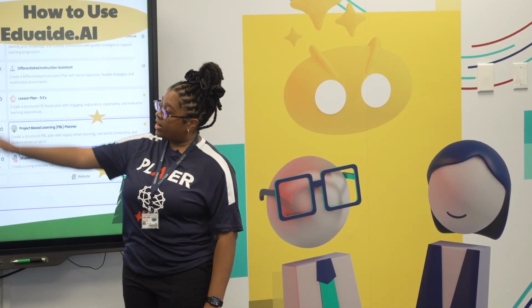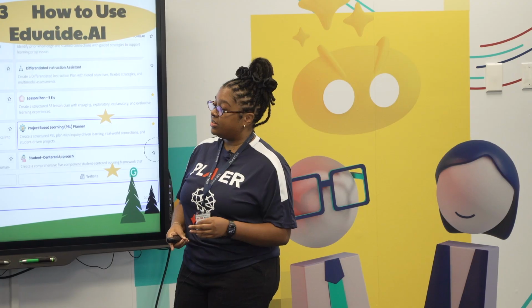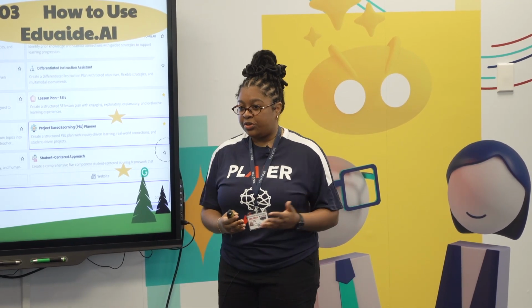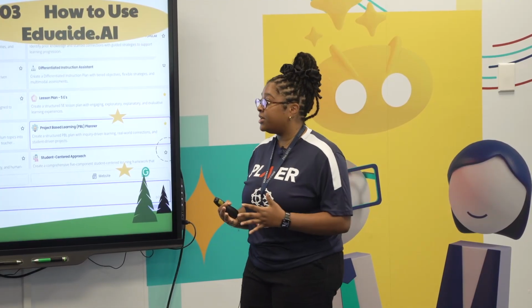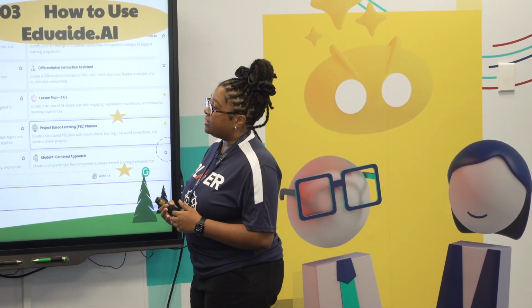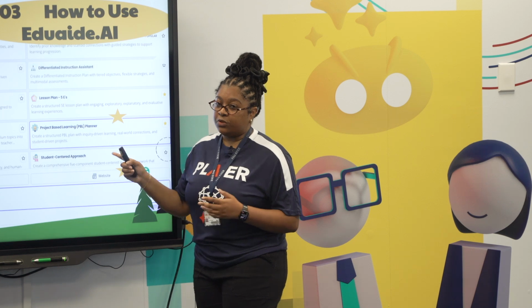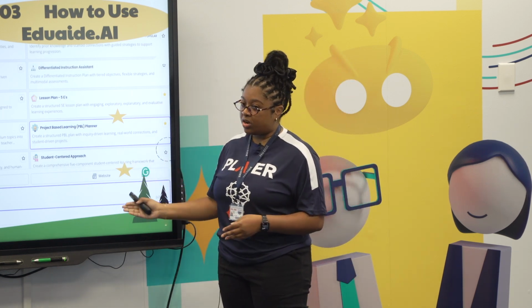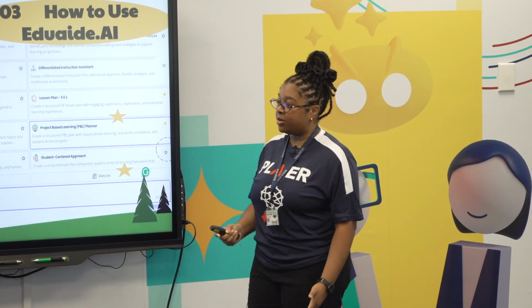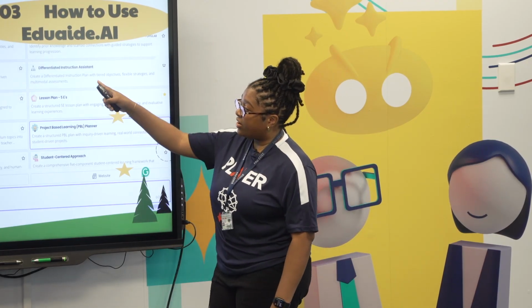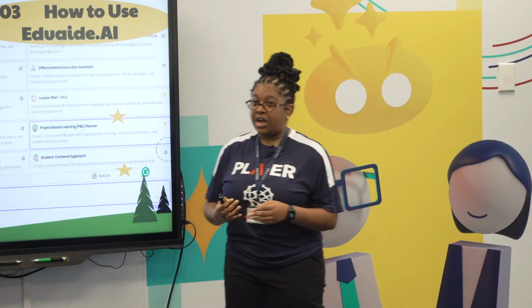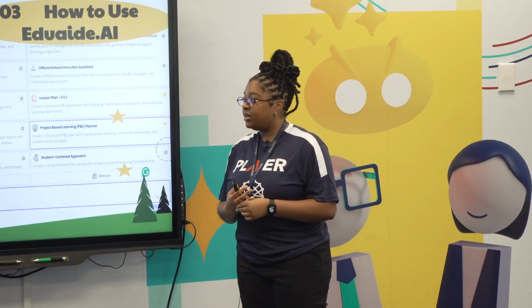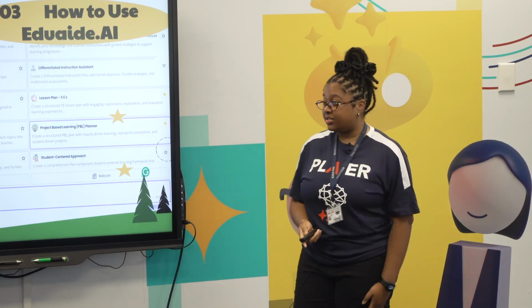And up top in the purple area, there's generators. Then they have organizers, which I'll show you. They look like different planning documents. And there's a history area where you can view the things that you have worked on throughout the day or the last couple days. And the chat area, that's where the extra AI part comes in. So you would have to pay for that, but I think using the free version is just as good.